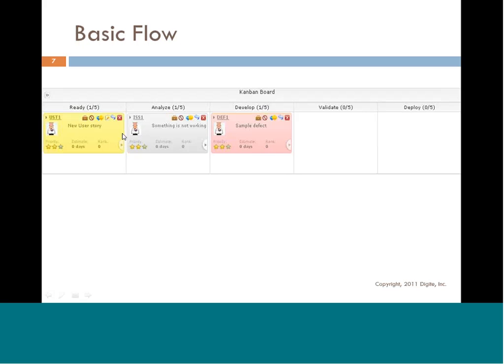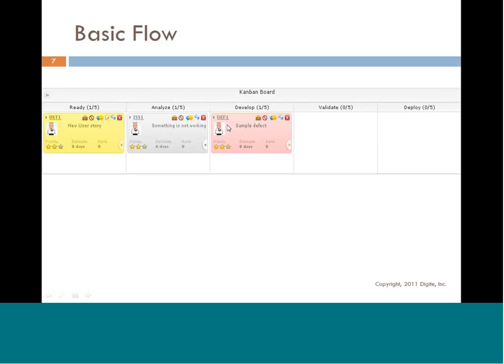And on this board, we have indicated different colors for different types of cards, which means there are different types of work. For example, UST is a user story, issue is this gray card, and defect is a pink card. So you are saying, these are the steps my work goes through, and these are the types of work I'm going to put through this process.